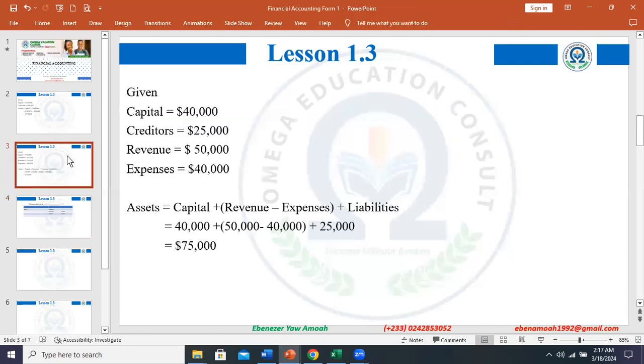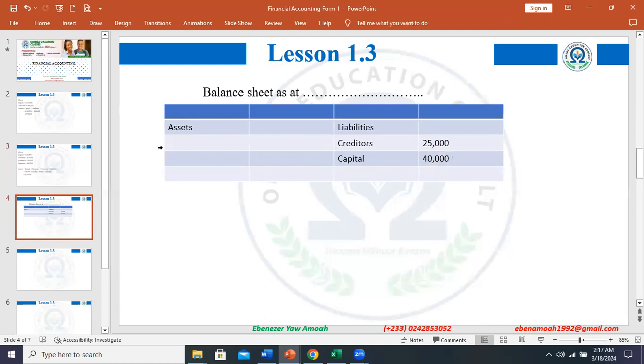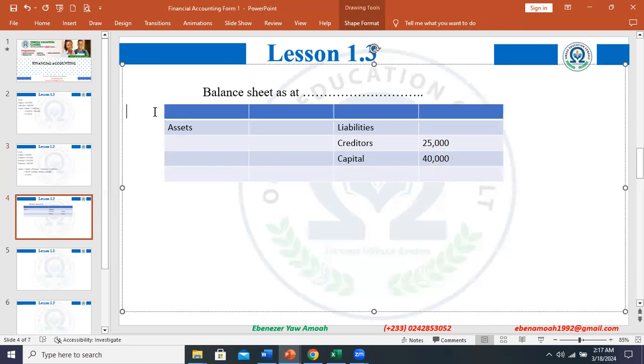So what you can do is to do workings, okay? Go and calculate your profit. So when I say do workings, that is what I mean. You do something to calculate the profit. So you can tell us here that profit is equal to revenue minus expenses.